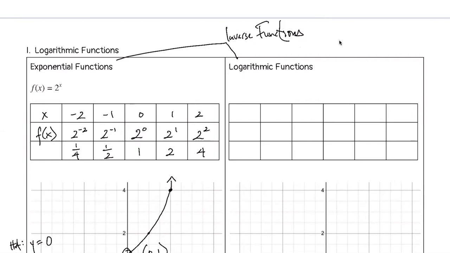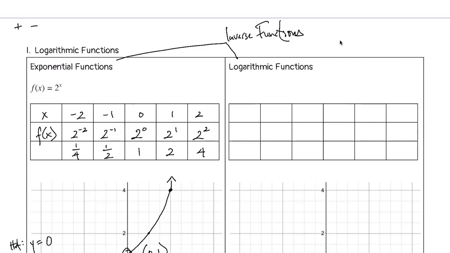So addition and subtraction are inverse functions. They undo each other.